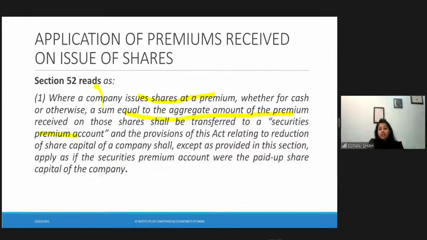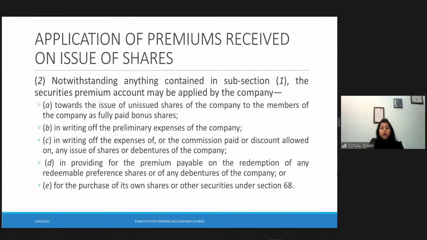And the provisions of this act relating to the reduction of share capital of a company shall, except as provided in this section, apply as if the premium account were the paid up share capital of the company. So this amount that is credited to the premium account is accounted as the paid up share capital of the company. Now, the money that is deposited in the securities premium account can be used only for certain purposes.